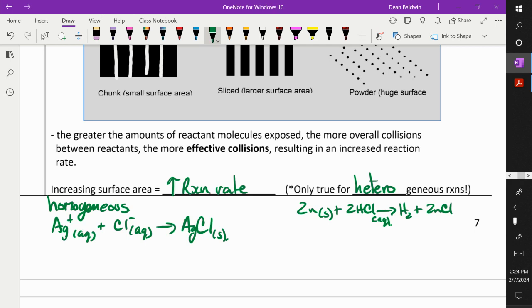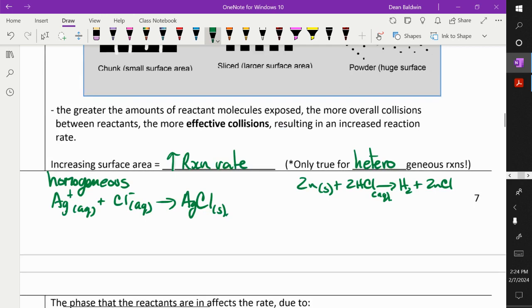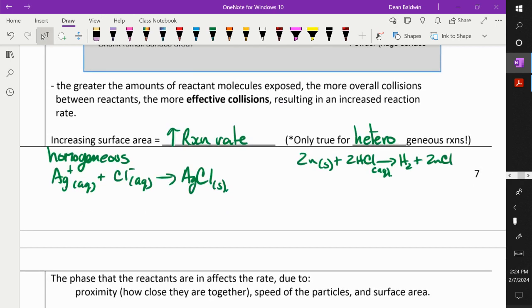It's the same state. So heterogeneous reactions have different phases, different states. But we're talking mostly about solids here, right? You can increase the surface area here. Surface area doesn't play a part here, even though you have a solid, because this is a product, right?